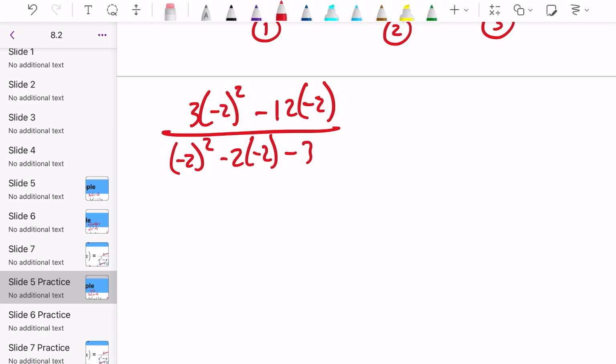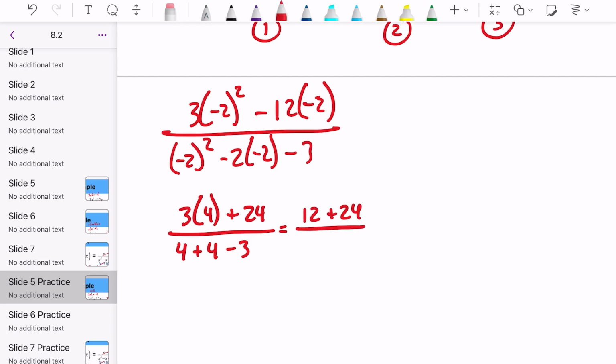First thing we're going to do is square our -2. So this would be 3 times 4 plus 24 over 4 plus 4 minus 3. 3 times 4 would give us 12 plus 24 over 4 plus 4 minus 3.